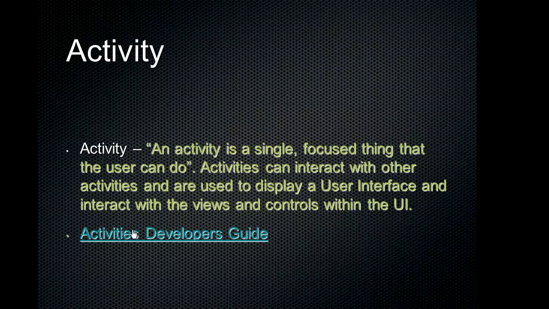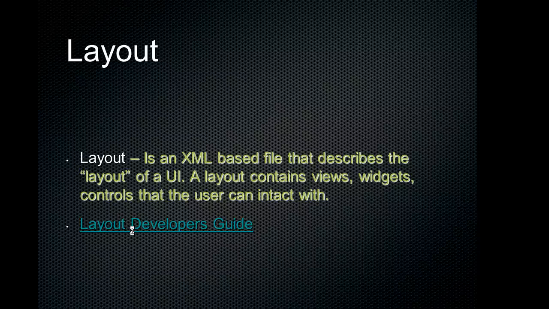It's the activity that determines what behavior will occur when you click that button. Now, an activity is that logic. It's the thinking behind what happens during a button click.